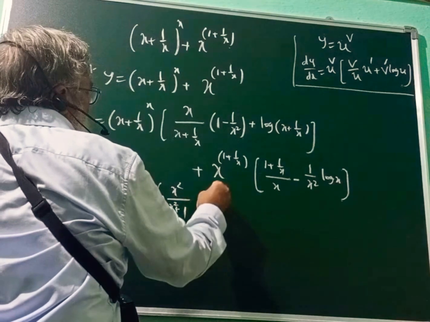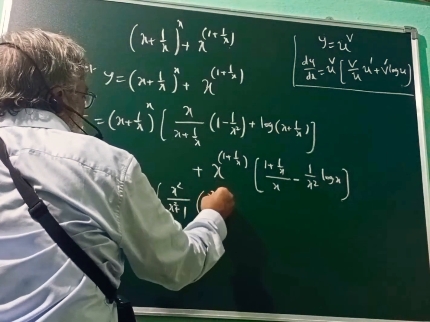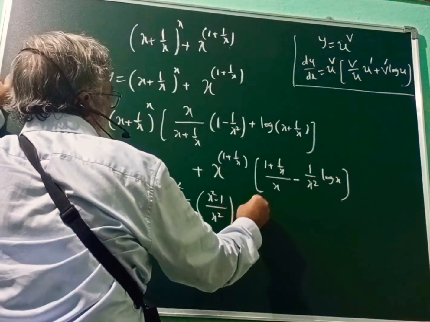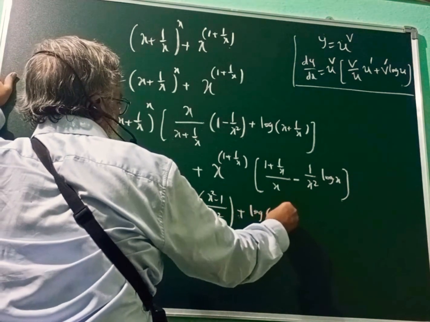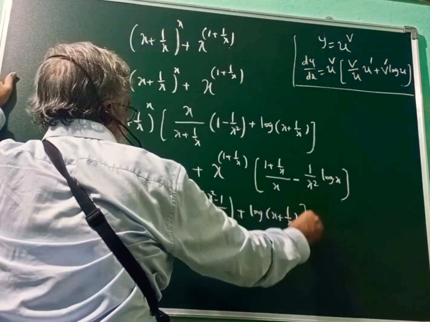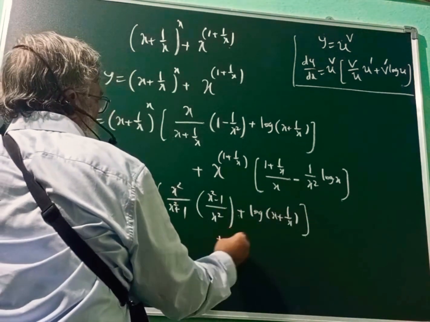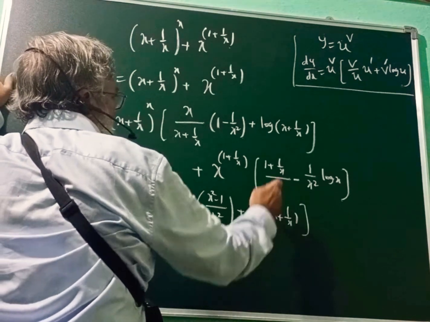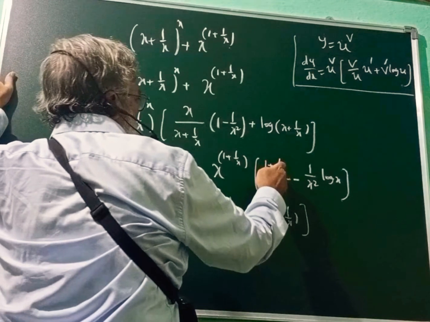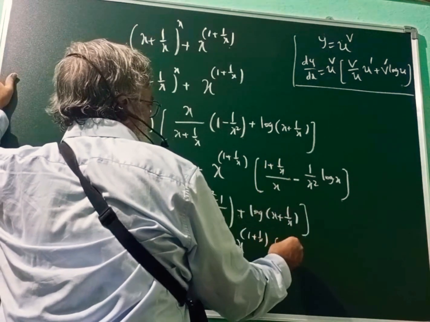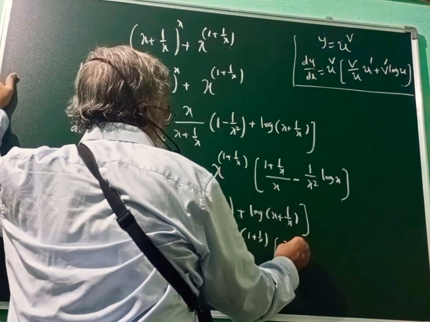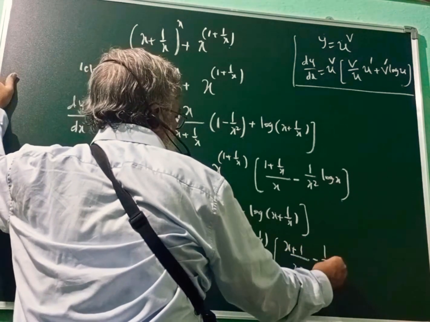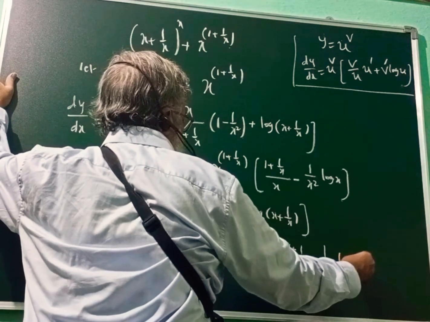And here if you take LCM, x square minus 1 by x square plus log of x plus 1 by x, plus x raised to 1 plus 1 by x. Again taking LCM, x plus 1 by x square minus 1 by x square log x.